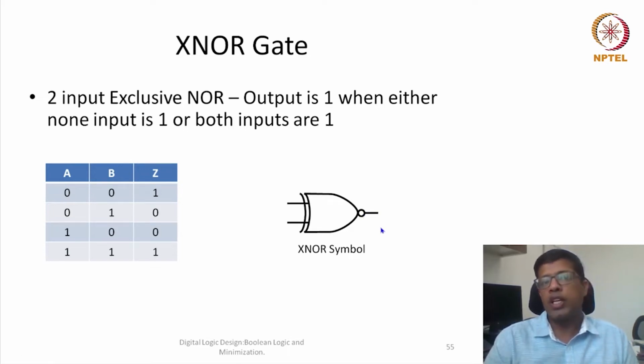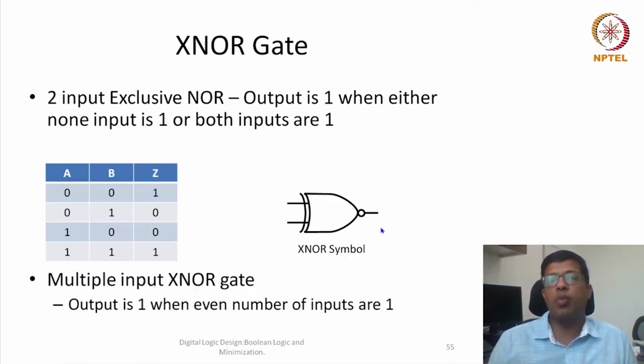So how can I define it generically? Let's say the XNOR gate has more than two inputs. Then the output of the XNOR gate would be 1 only if the number of ones in the input is even. 0 is also considered even here. This generic definition also includes the two-input XNOR gate.